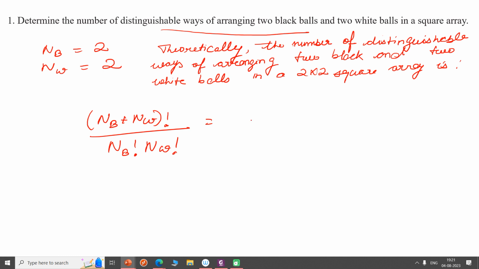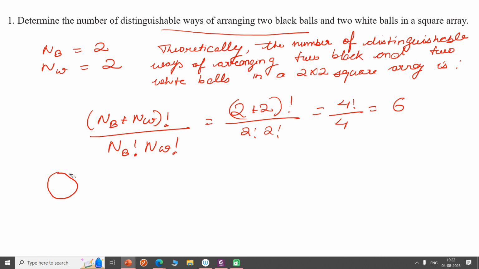So we have (2 plus 2) factorial divided by 2 factorial into 2 factorial, which is 4 factorial by 4. 24 by 4 is 6, right?